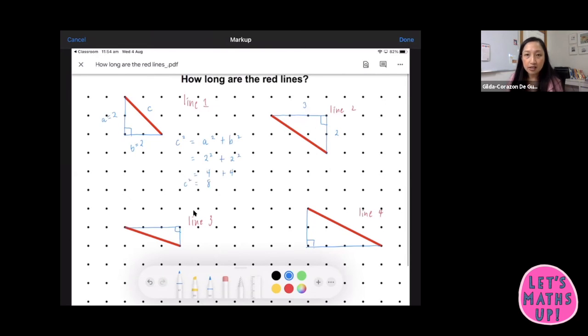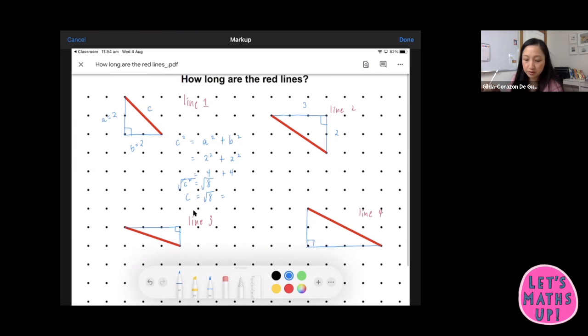Am I done here? No, I don't want c squared. What do I want? I want c. And how do I get c? I need to get the square root of both sides. If I get the square root of c squared, that just cancels out. I get the square root of 8. What is that equal to? 2.83.